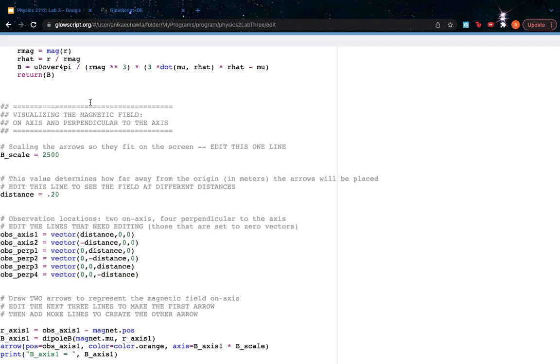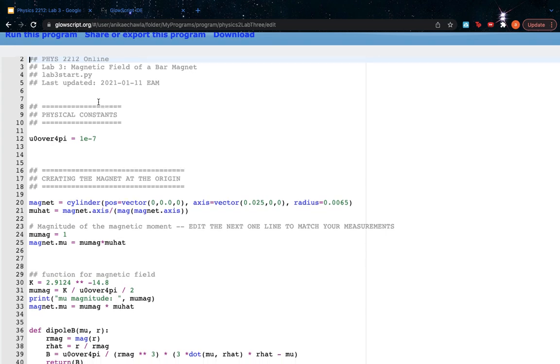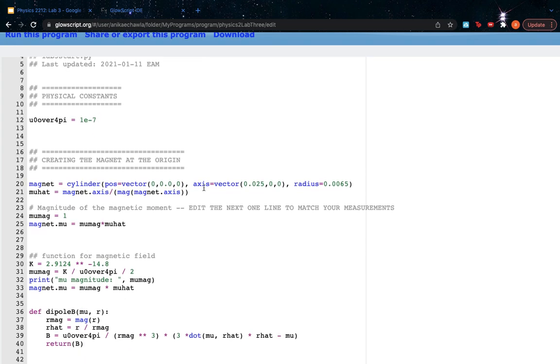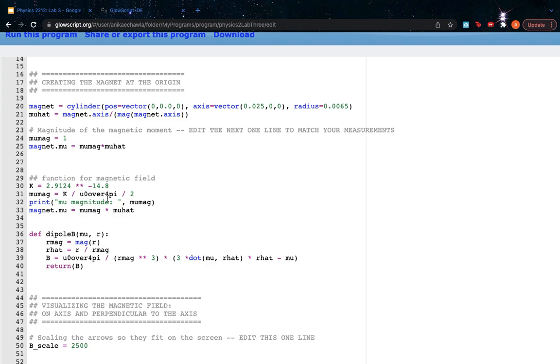So first, our physical constant is mu over 4 pi, and here we initialize the magnet and we find mu hat, and then we get the magnitude of the magnetic moment. And here we get the function for the magnetic field.